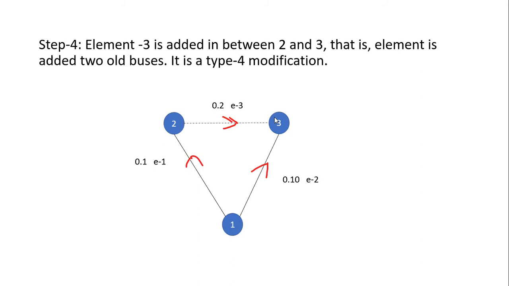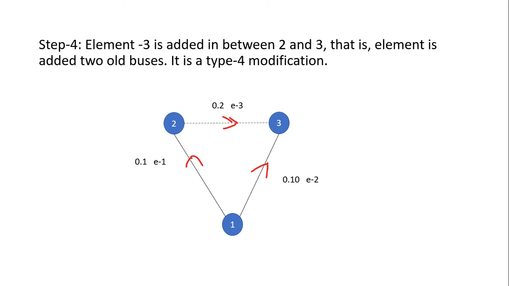That will be represented as a link in type 3 and type 4 modifications. That's why we represent element 3 with a dotted line. In the type 4 modification, what is the formula for the formation of the Z-bus matrix?